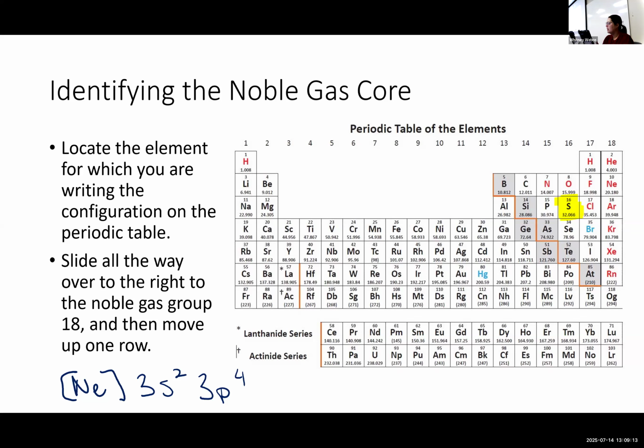Let me play around a little bit more and ask you, I'm going to just highlight an element. I don't want you to tell me what noble gas we're going to use. What is a noble gas? Krypton, okay. Okay.